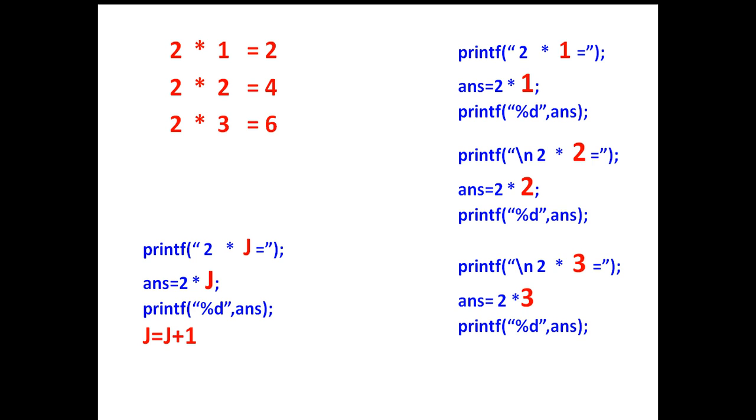When we have made these statements short, we write these statements only one time, and we will write them within the loop. The loop will run these statements 10 times because we want to print the table up to 10.